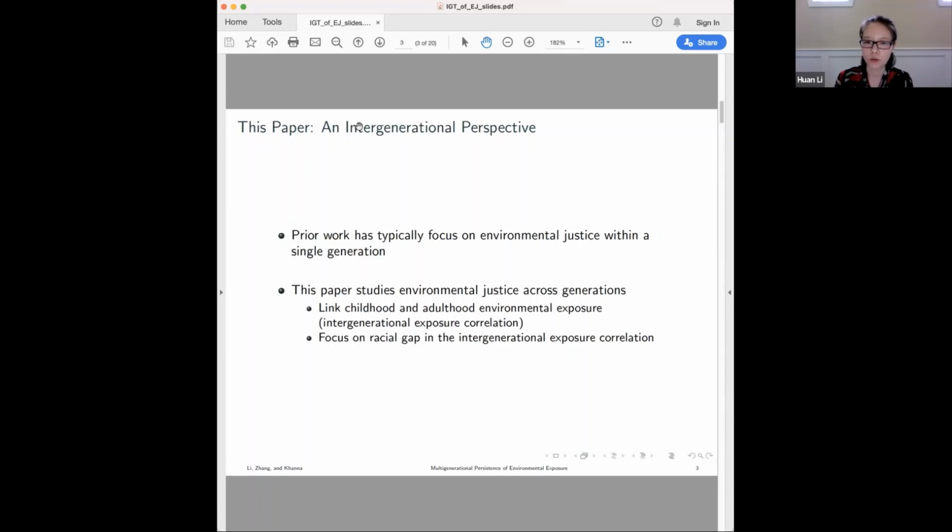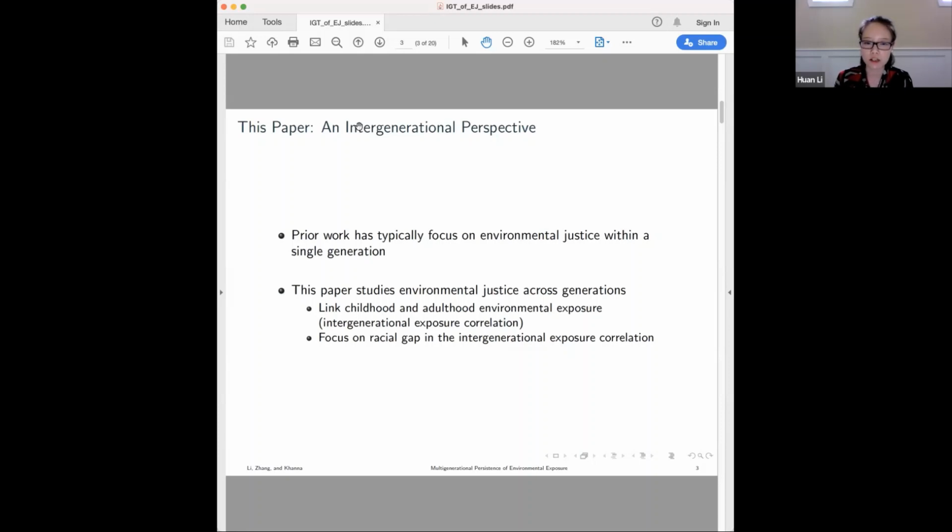In other words, we want to look at your grandparents' and your parents' environmental exposure, and see whether you are still living in a similar environment to your grandparents or parents. This is the uniqueness of this paper, because most environmental justice papers only focus on a single generation. We try to extend this literature by looking at correlations across several generations.